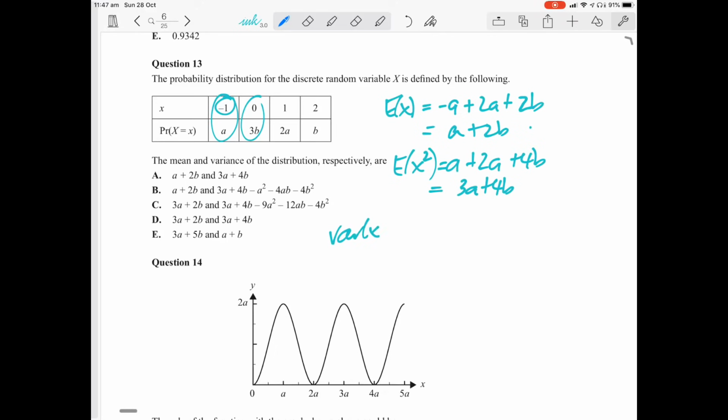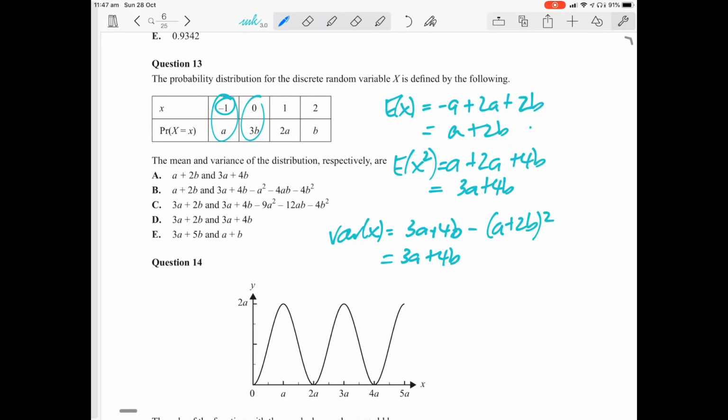And we know our variance of x is E of x squared minus E of x all squared: 3a plus 4b minus (a plus 2b) squared. It's probably quicker just to do it by hand instead of typing it out.